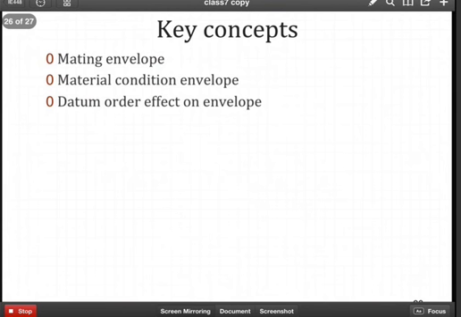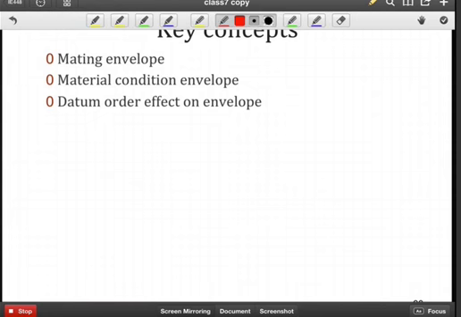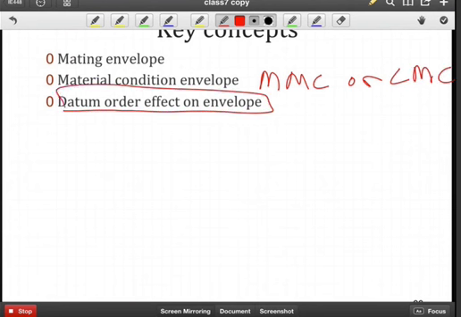So the key concepts here, again, when do you use the mating envelope? When you have a feature of size and there is no material condition on that datum. And then we saw a material condition envelope that is fixed at either MMC or LMC. And of course, datum order has an effect on the envelope, as we saw, because if we orient the mating envelope with respect to a datum reference, we're going to get a different width than if we do that at the original or primary datum surface.